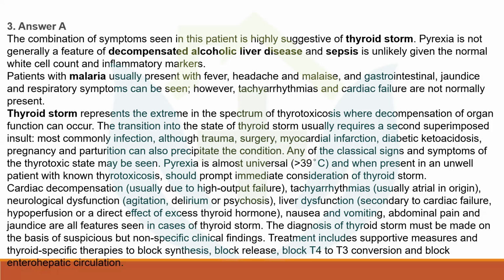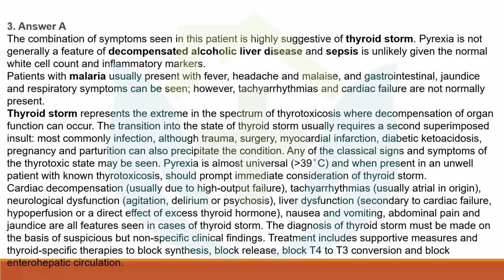Any of the clinical signs and symptoms of thyrotoxic state may be seen. Pyrexia is almost universal. Okay. And when present in an unwell patient with known thyrotoxicosis, it should prompt immediate consideration of thyroid storm. Cardiac decompensation, tachyarrhythmias, neurological dysfunction, then liver dysfunction, nausea, vomiting, abdominal pain, jaundice are seen.